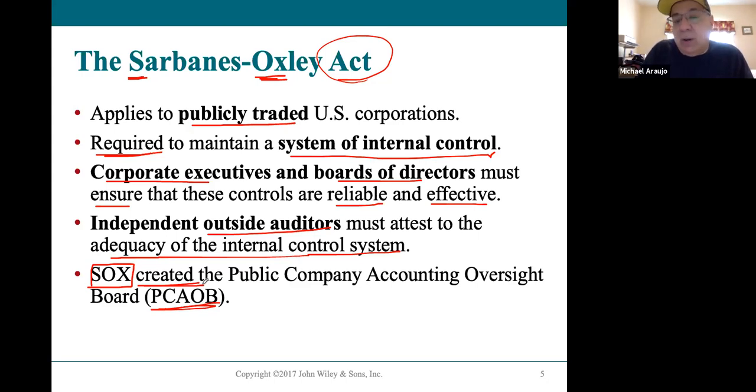So Sarbanes-Oxley is a very important act that you should know about. It obviously is extremely important to our discussion here in Chapter 7.